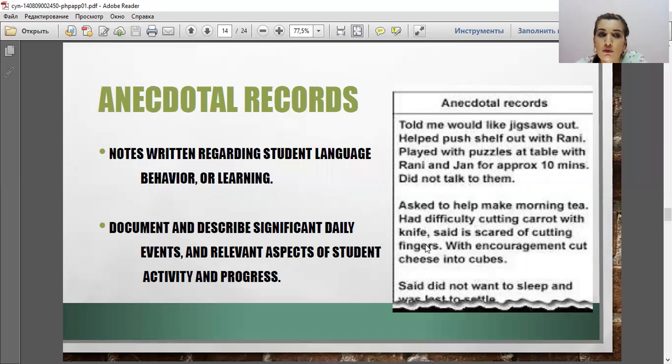So anecdotal records are notes written regarding students' language behavior or learning, and it could be like jokes, but in this case, students will learn how to overcome, for example, some little problems related to the education of the languages. They document and describe significant daily events and relevant aspects of students' activity and progress.